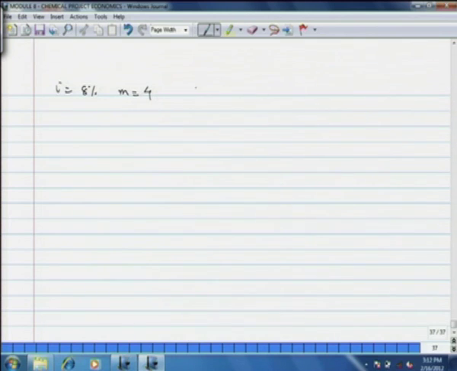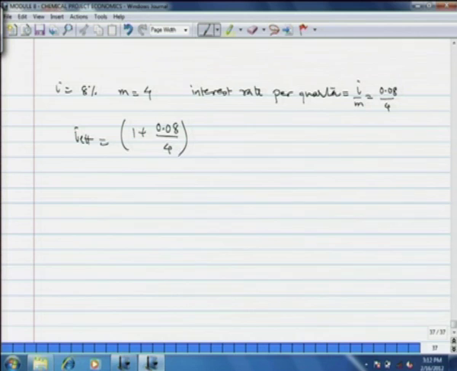So, then the interest rate per quarter is I by m, which is 0.08 by 4, and then I effective, if we substitute that in the formula we just derived, (1 plus 0.08 by 4) raised to 4 minus 1, this becomes 0.0824. So, the effective interest rate corresponding to 8% nominal annual interest rate is 8.24%. So, that is a relation between I and I effective.